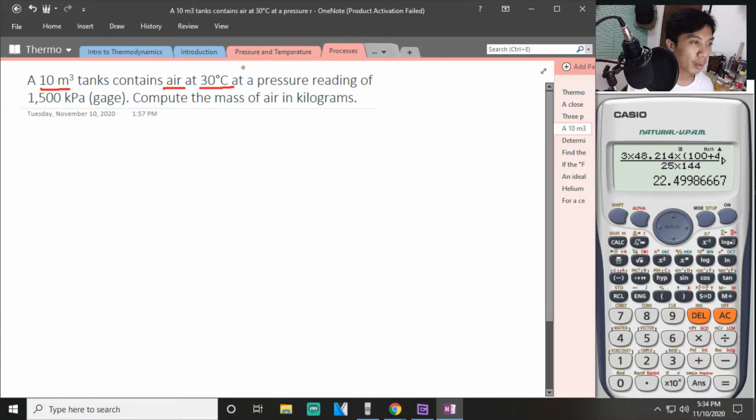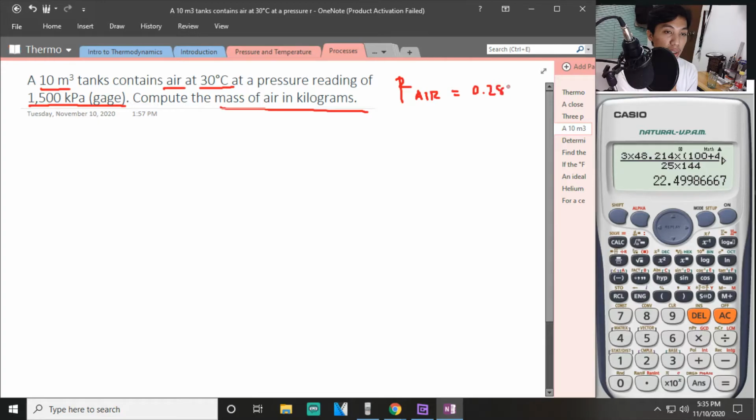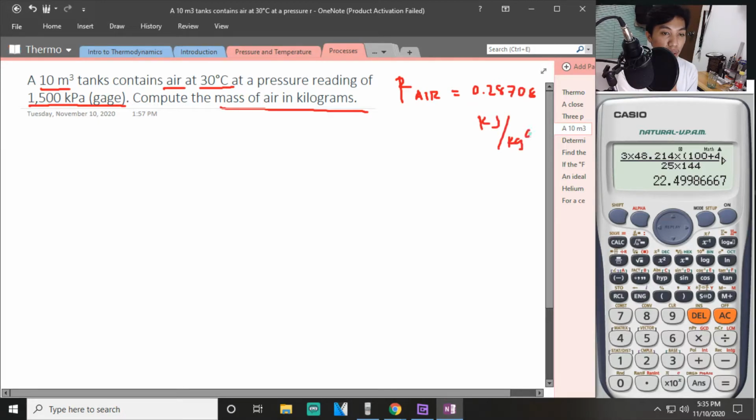Okay? Now, at a pressure reading of 1,500 kPa gauge, compute the mass of air in kilograms. Mass of air in kilograms. Now, we do not know the R of air, but it says air. You should always memorize this, the R of air, the constant, is equal to 0.28708 kilojoule per kilogram degree Kelvin.